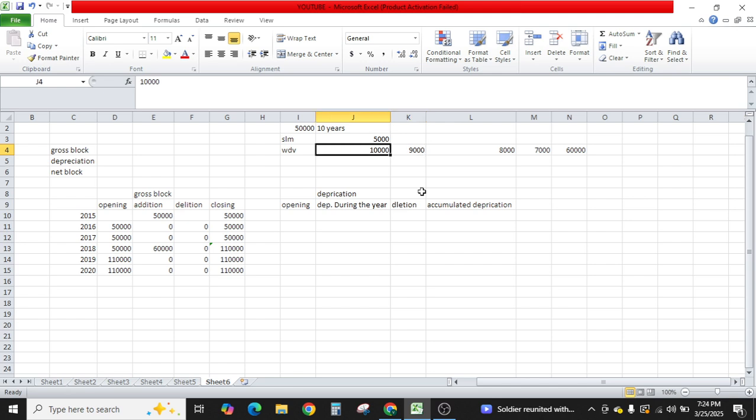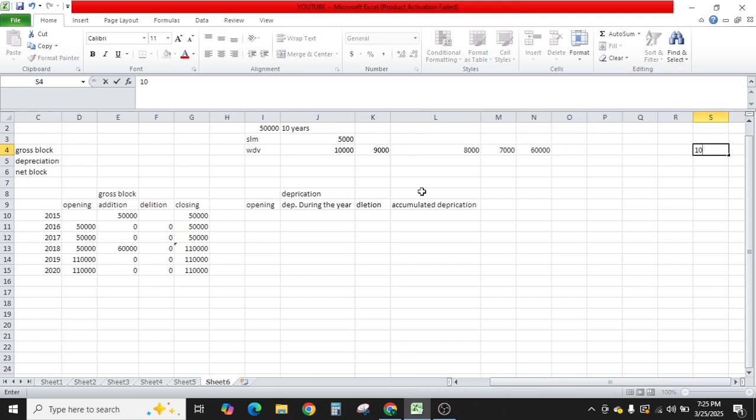But the total will always be 50k, and the accounting life in WDV and SLM will be the same. The only difference between SLM and WDV is how they mention the depreciation. Here they are mentioning the same amount for 10 years, but in WDV in initial years the depreciation will be more, and in the last few years it will be less, maybe because it will touch 1,002 or 2,002. So this is the difference between WDV and SLM.